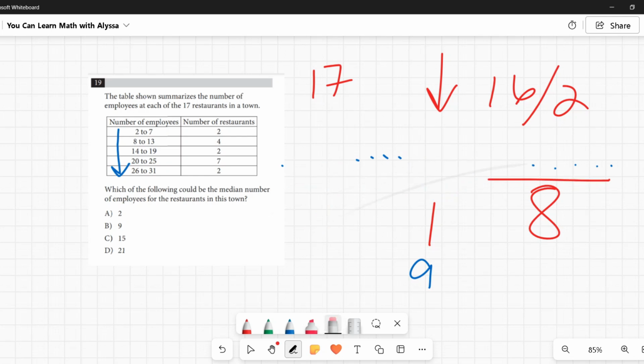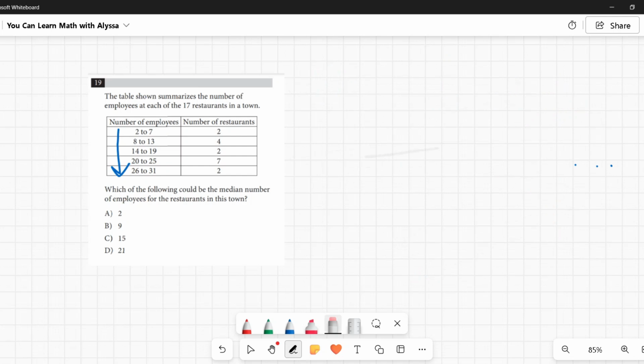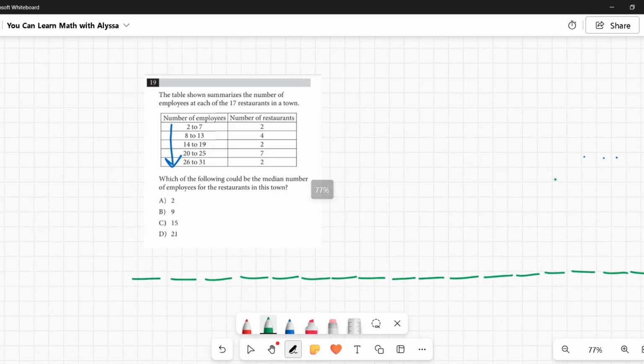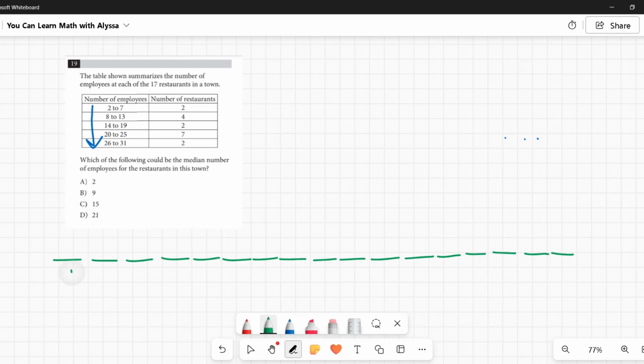So let's say I'm just going to do the spaces, 1 through 17. And we count 1, 2, 3, 4, 5, 6, 7, 8, 9.